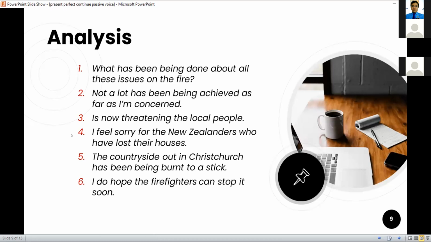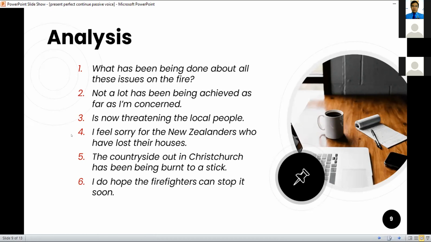For analysis, number 1: What has been done about all these issues on the fire? The present continuous when used in the passive is uncommon and most people would not use it. We have an example of it being used here.